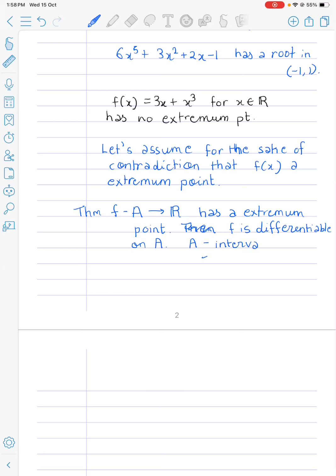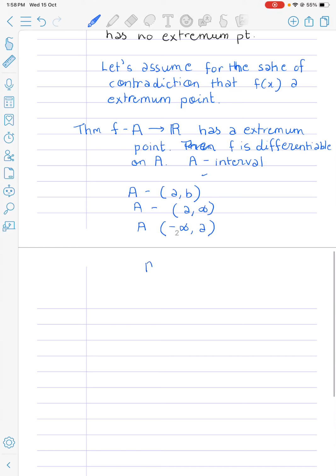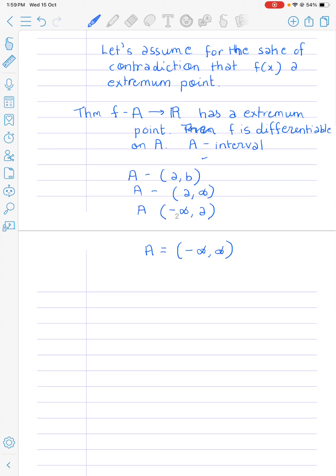And an interval is something like this, or A can be something like a to infinity, or minus infinity to a, where small a is a number. But you cannot take A to be something like this.